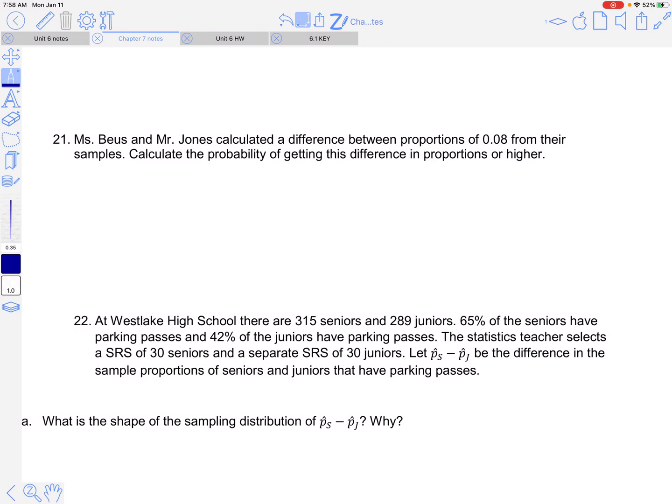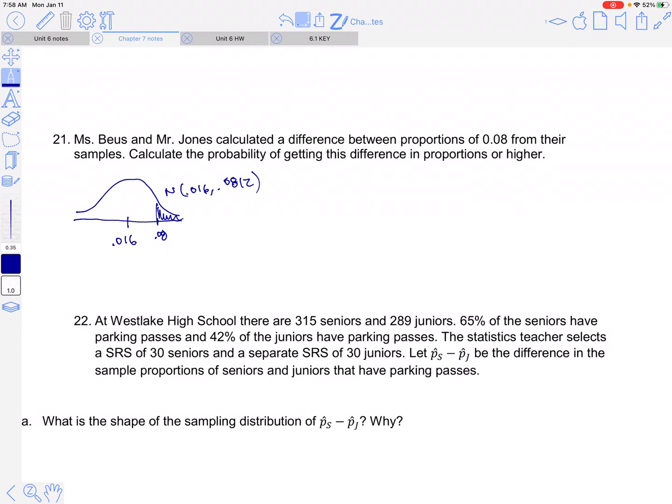Because we know that the difference is approximately normal, we can treat it as a normal probability. So we have 0.016 as our center, and our standard deviation was 0.0812. We want the probability that the difference of proportions is 0.08 or higher.